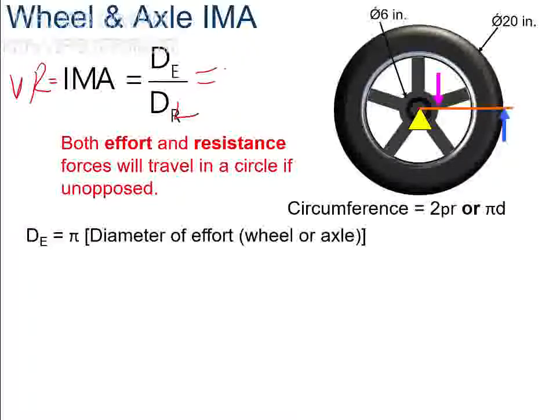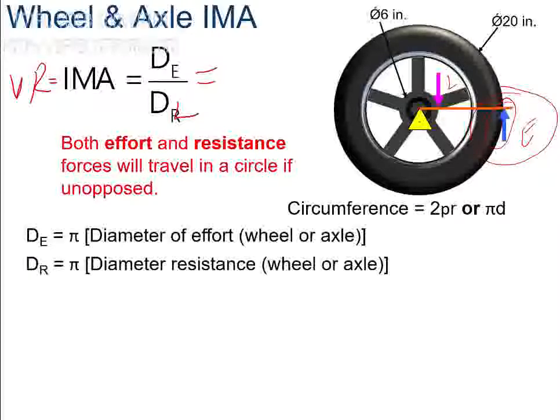Here, as you see, this one is the effort and this one is the load. The effort is exerted on the tire. Therefore, the diameter of the tire gives us the distance moved by the effort, and the diameter of the axle gives us the distance moved by the load.